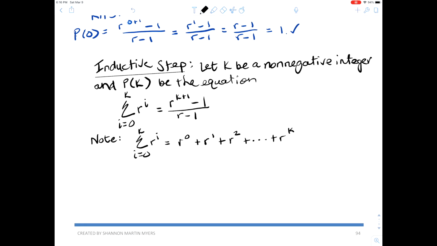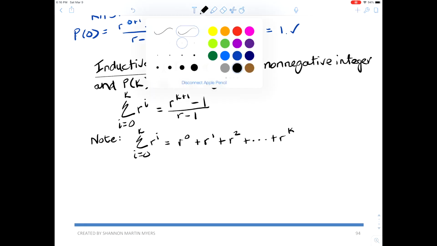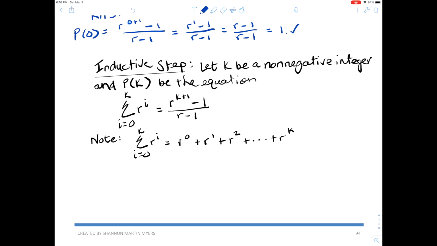All right, so let's do our thing. The left-hand side. P at k plus 1 is equal to r to the 0 plus r to the 1 plus r squared plus dot dot dot plus r to the k plus 1.